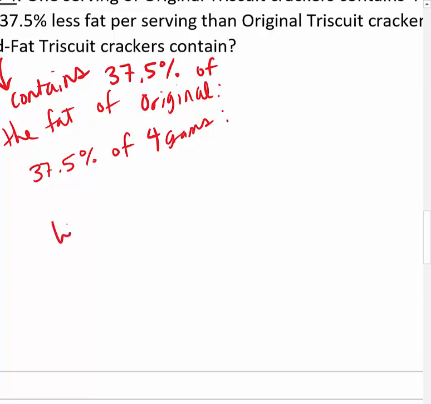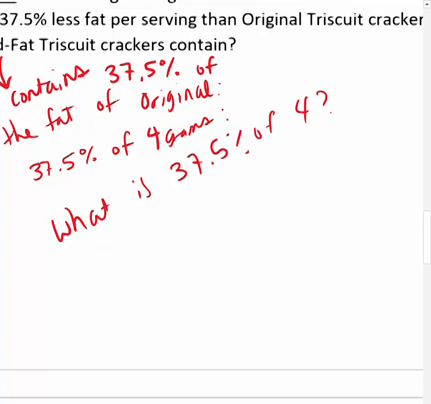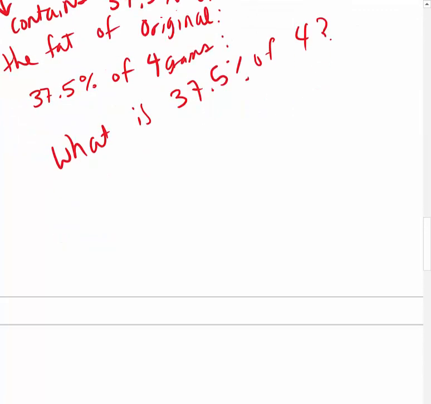So it really comes down to what is 37.5% of 4. And in the directions of this section, they didn't really tell us how to find the percent of a number, but I guess they assume that we know that from previous math classes. So in order to find a percent of a number, you change the percent to decimal form and multiply it by the number you're trying to take the percent of.